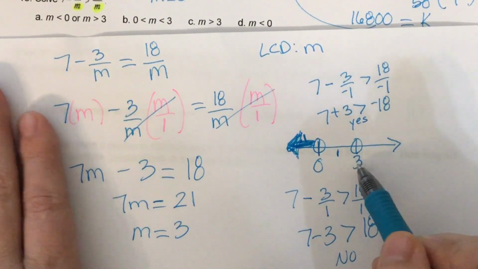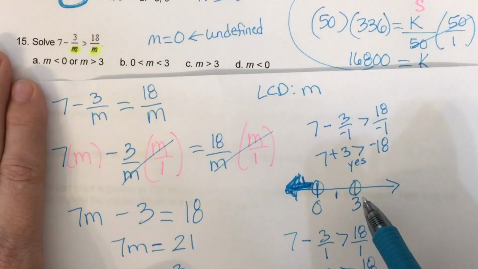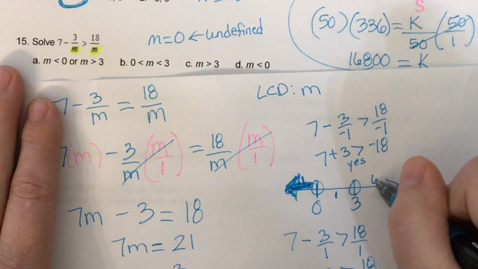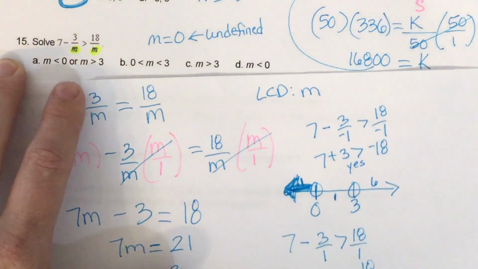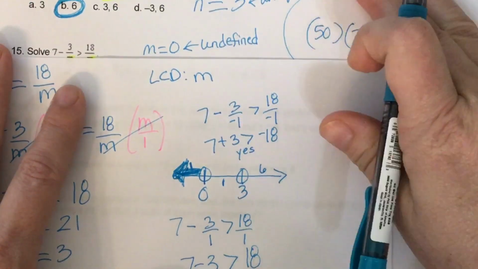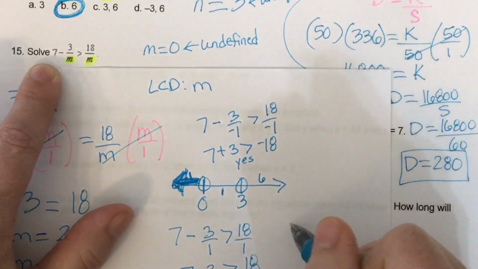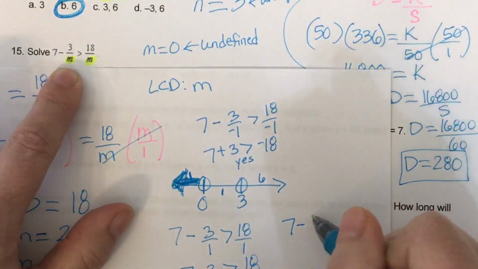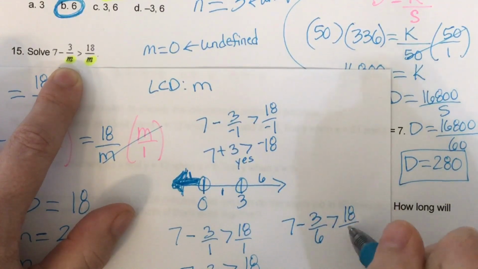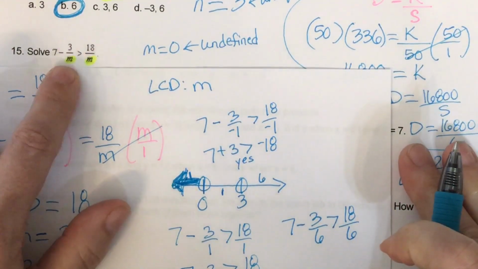Now let's try a number bigger than 3. And I can try anything I want. I'm actually going to try 6 because that looks like it's going to work out kind of nice. Okay, so I'm going to try the 6. So I'm going to recopy 7 minus 3 over 6 greater than 18 over 6. So I'm putting 6's where the m's are.